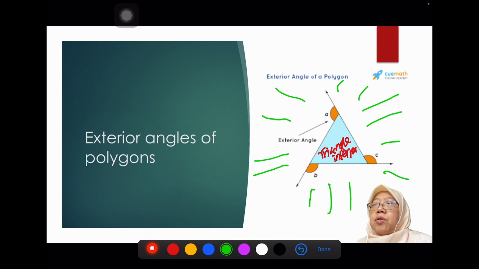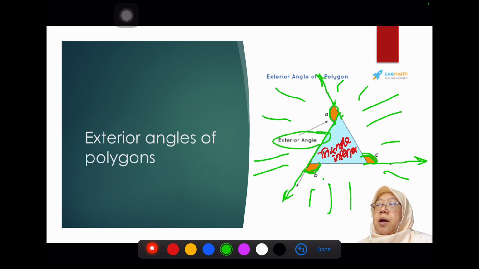Just use a ruler, draw a straight line all the way out like this, and then this will be your exterior angle. We have 3 because this is a triangle. Here we have A, B, and over here C. So we have 3 exterior angles.